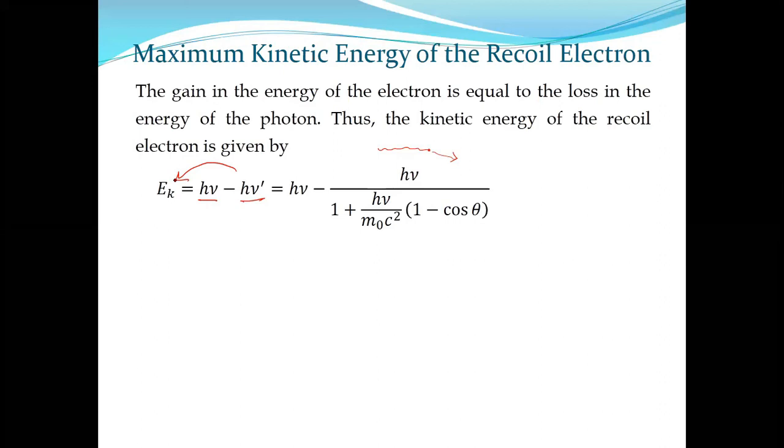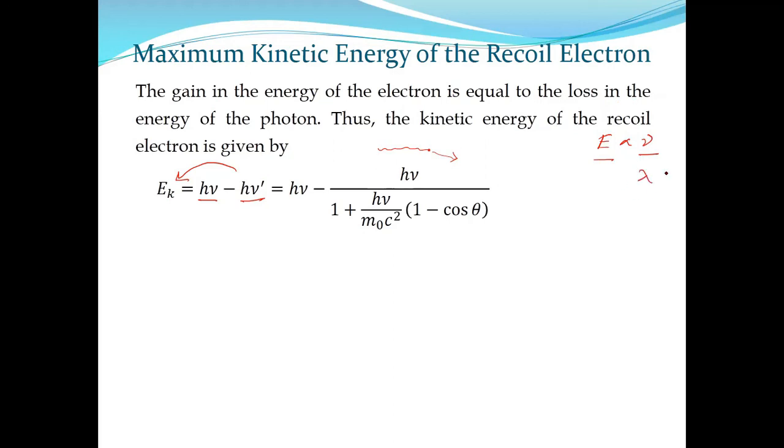And since the photon loses some energy, its frequency must be reduced, because we know energy is proportional to frequency. If energy is reduced, frequency must be reduced. And frequency and wavelength are inversely proportional, which means wavelength must be increased.